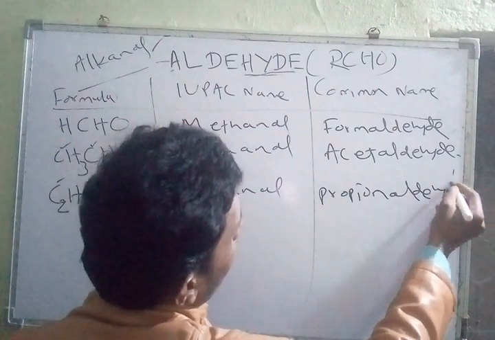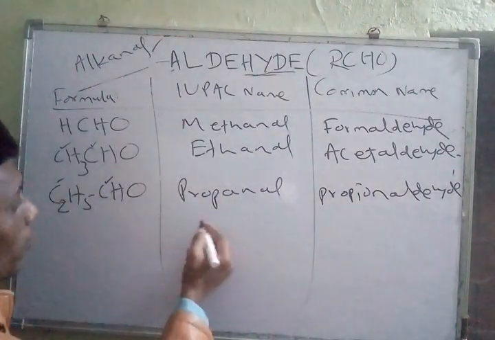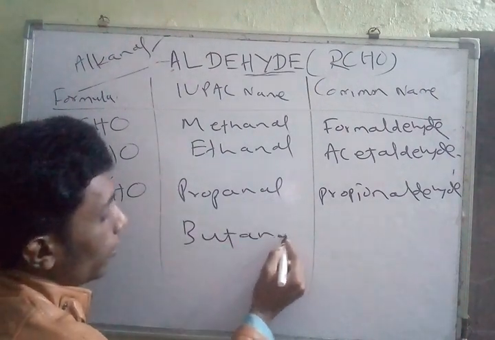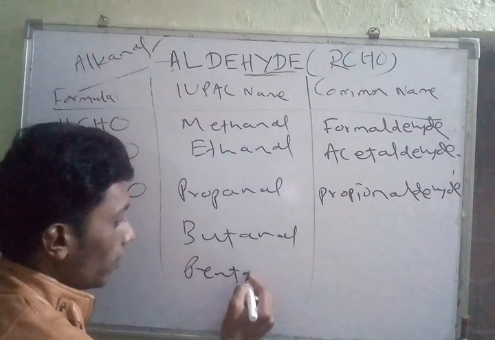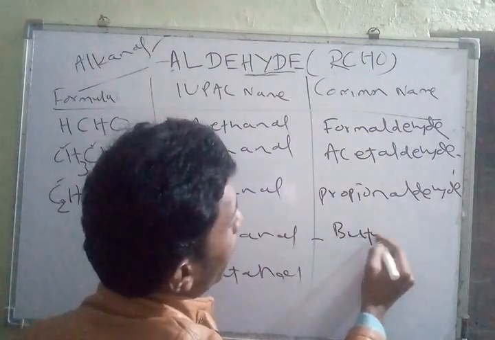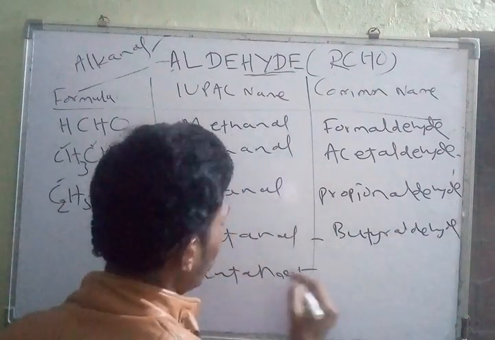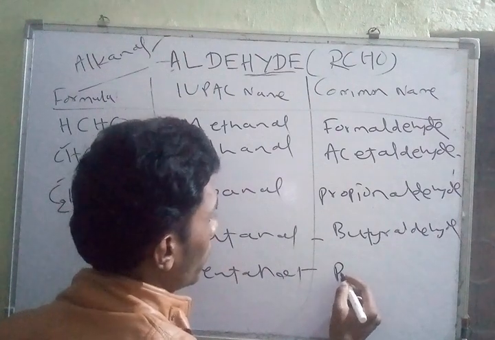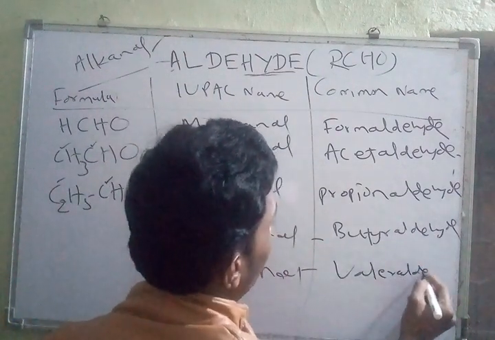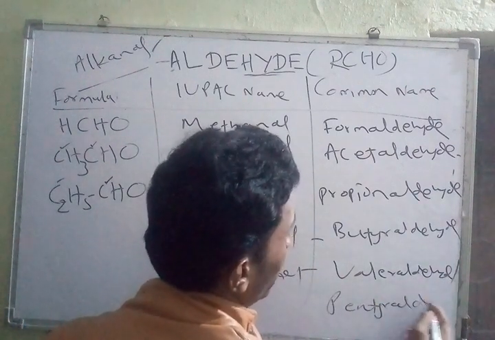Propionaldehyde. Clear? Like that, if there are four carbons, it is butanal, then pentanal, and so on. Butanal's common name is butyraldehyde, and for pentanal it is valeraldehyde, also called pentylaldehyde.